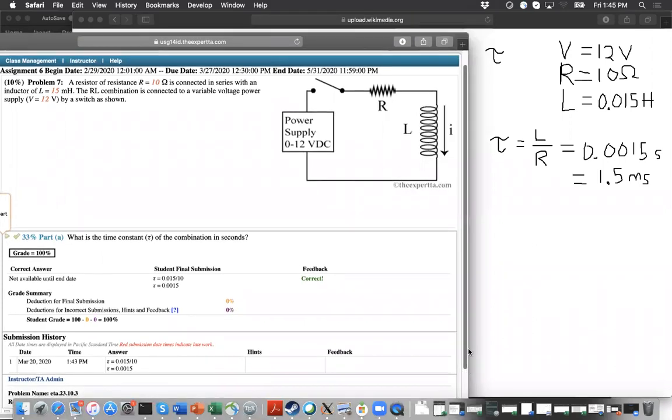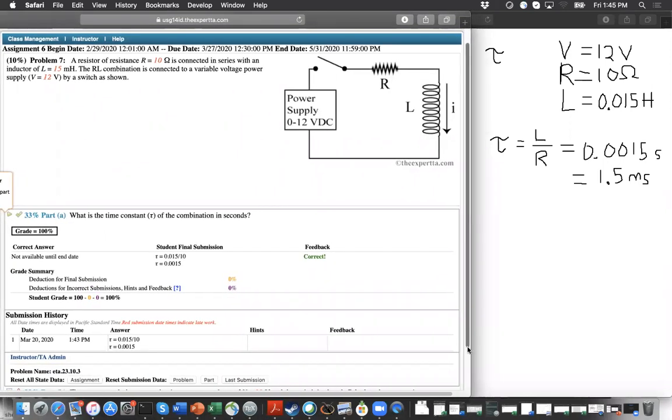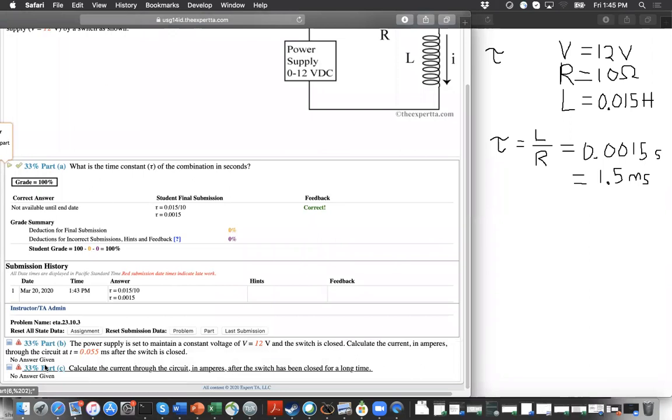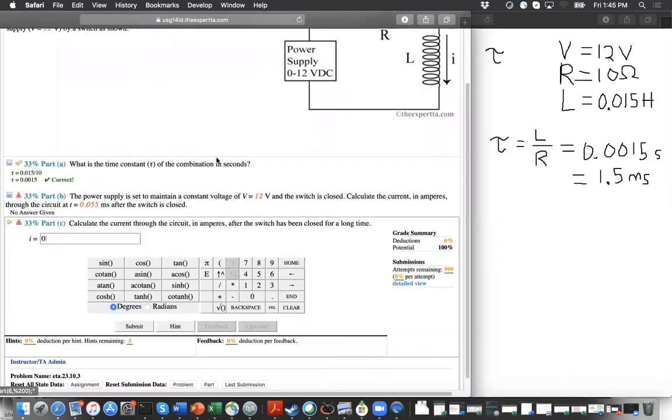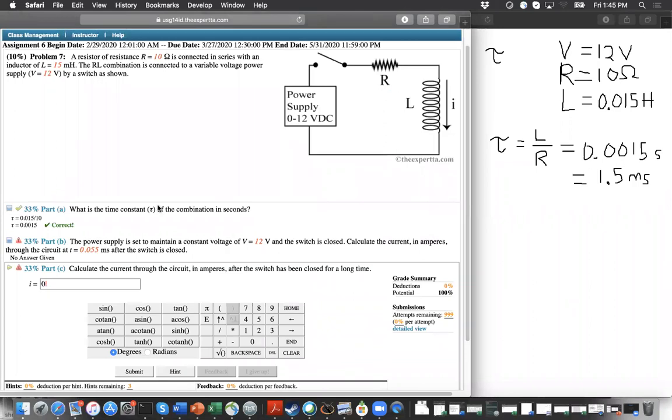But now let's look at the other parts of this problem. And as I said, it turns out that for this, we're going to want to focus on part C before doing part B. And the reason for that is simplicity. We have a formula for how the current can change with time that involves this time constant.